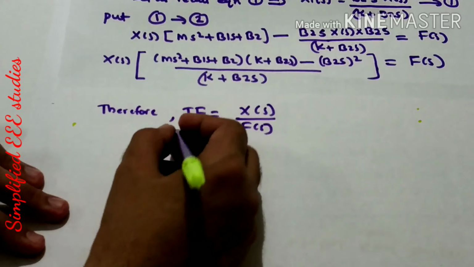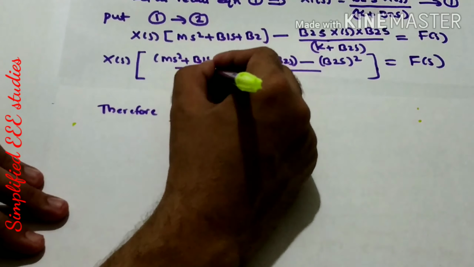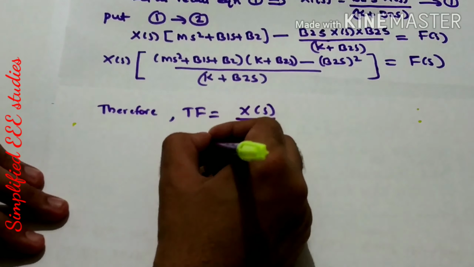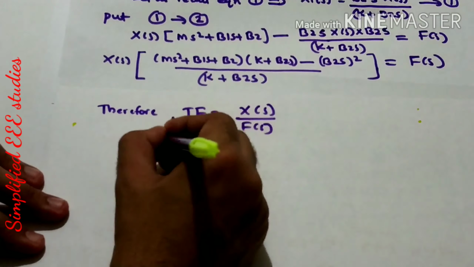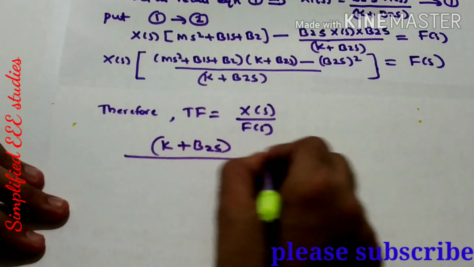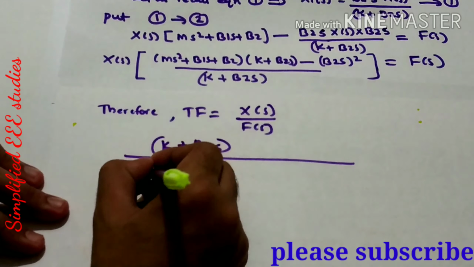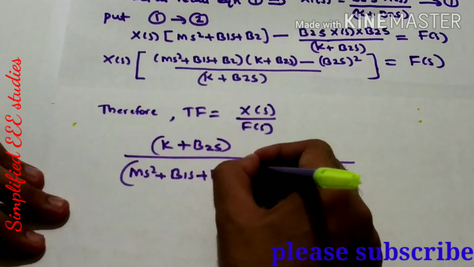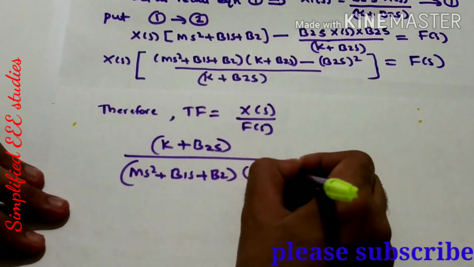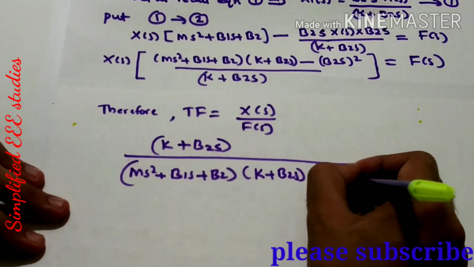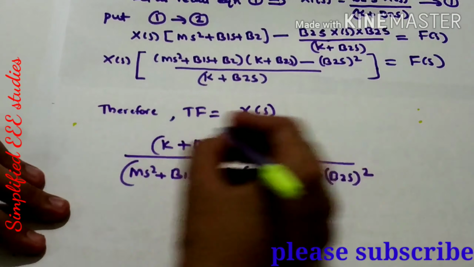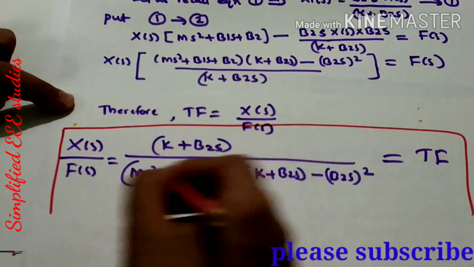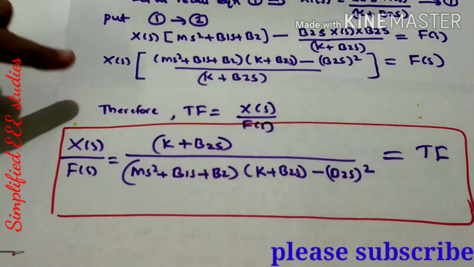From this you can take the ratio of x of s to f of s, that is given by b2s into k plus b2s whole divided by ms square plus b1s plus b2 into k plus b2s minus b2s whole square, that is equal to the transfer function. This is the transfer function of the given system.